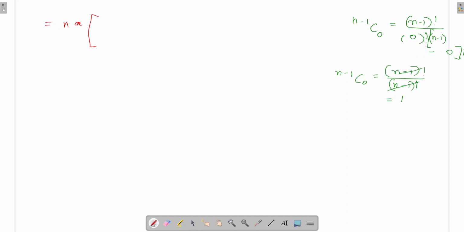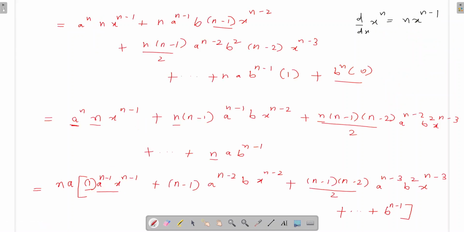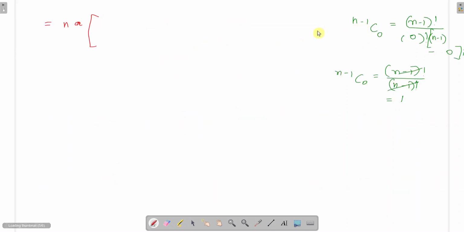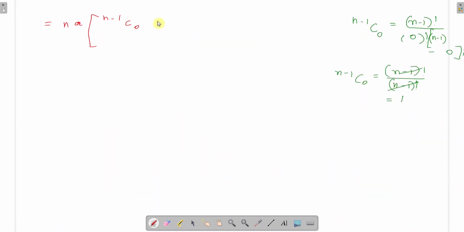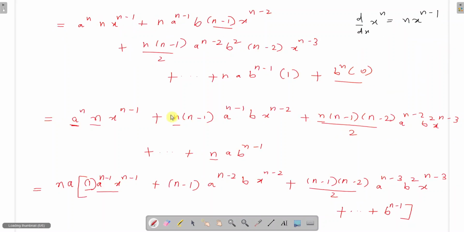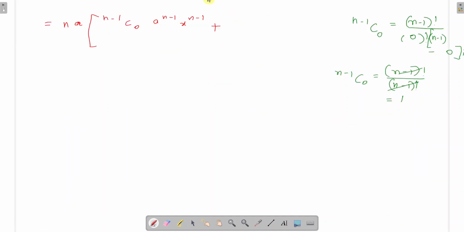Okay, so instead of writing 1 here, we will write n minus 1 c0, and we have a raised to n minus 1 x raised to n minus 1 plus, now if you look at the combination n minus 1 c1, we will get n minus 1 factorial divided by 1 factorial times n minus 1 minus 1 factorial.